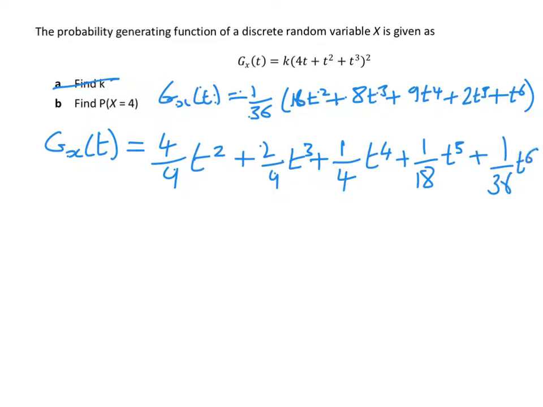And I can really see here what the probability of any of them are, but we want the probability of 4. So I'll look at what the coefficient is of t to the power 4, and it's a quarter. So there we go. Job done.